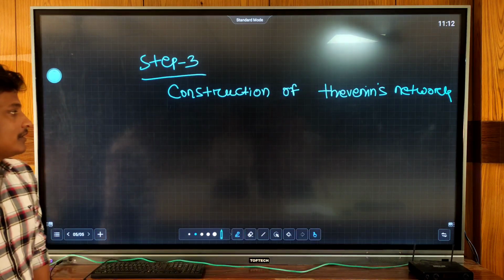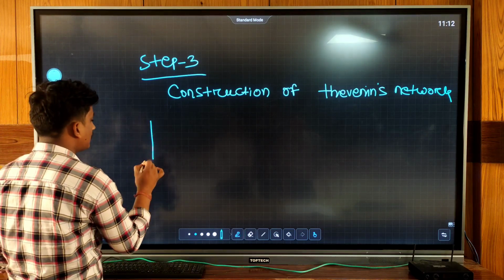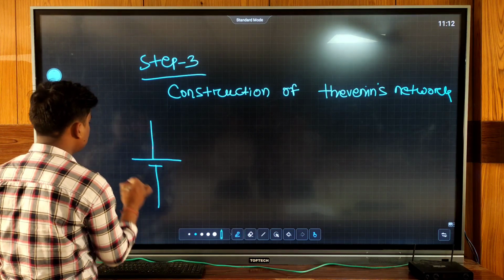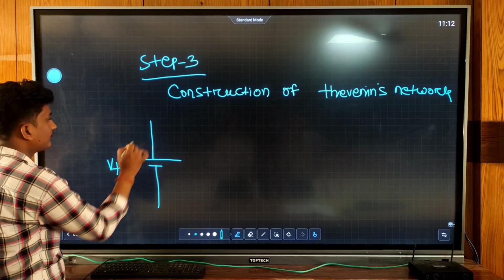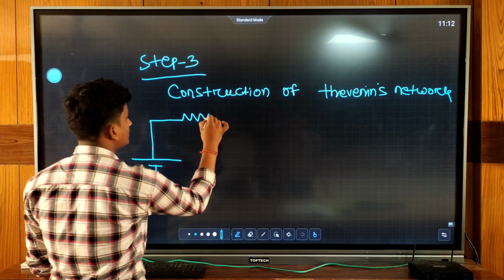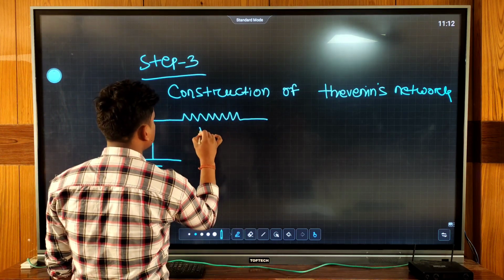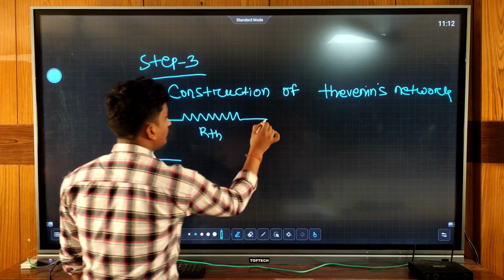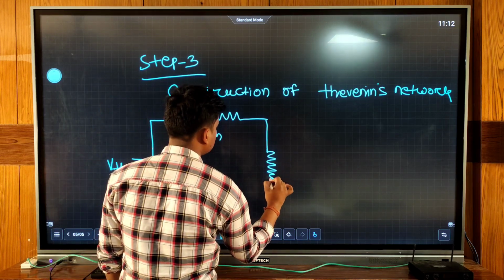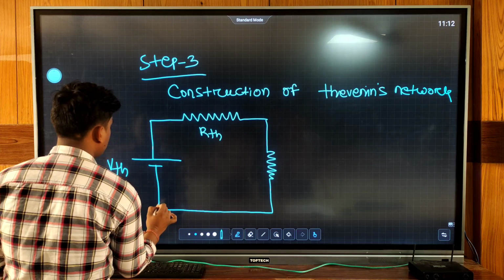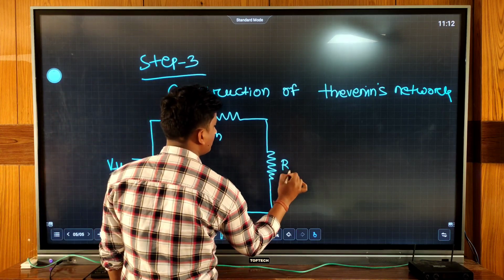During construction of Thevenin's network, first we have to place our calculated VTH value, or Thevenin's voltage. Next, we have to connect the RTH in series with VTH, and the load will be in series with RTH and VTH.